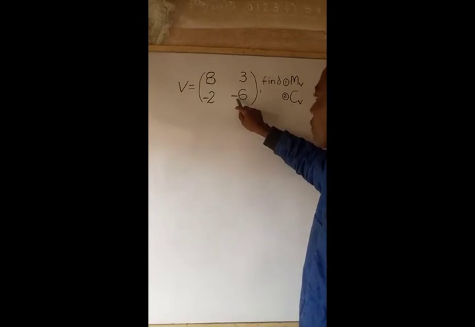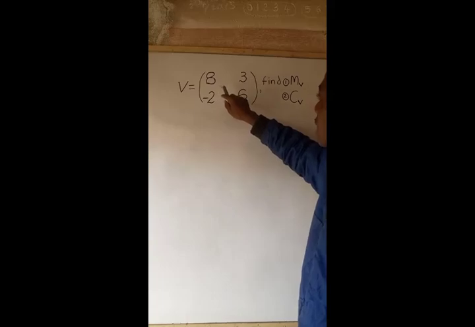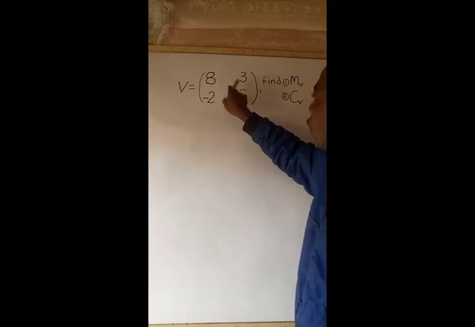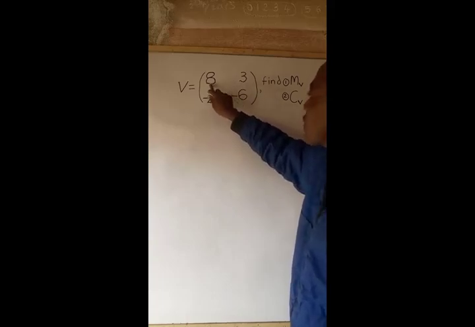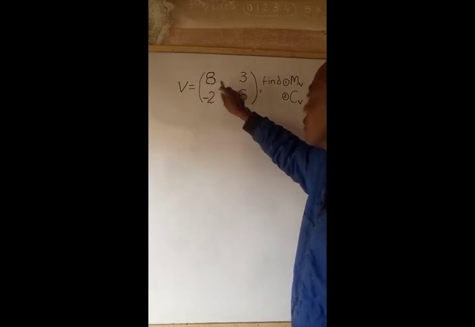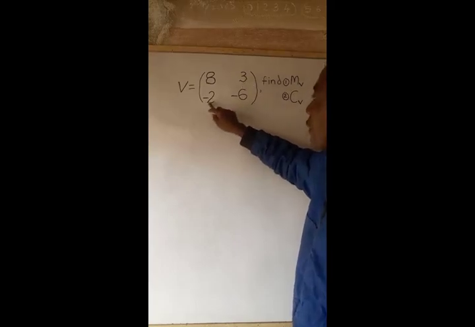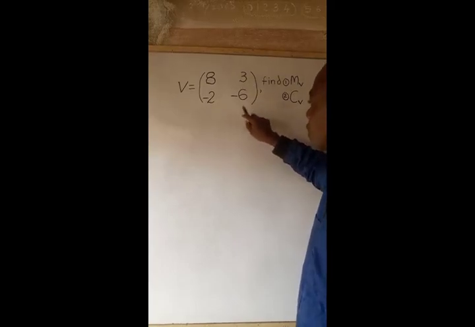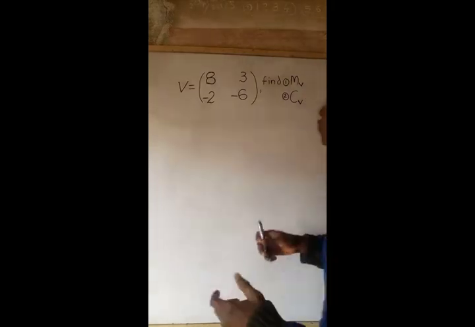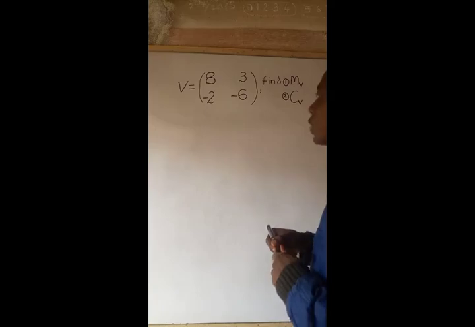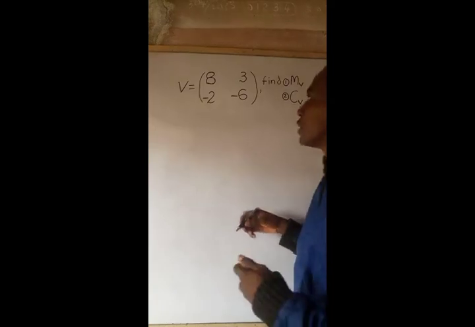Remember that we name elements in a matrix by row, meaning that this is the first element, this is the second element, this is the third element, and this is the fourth element. For me to compute the minor and cofactor, very easy.